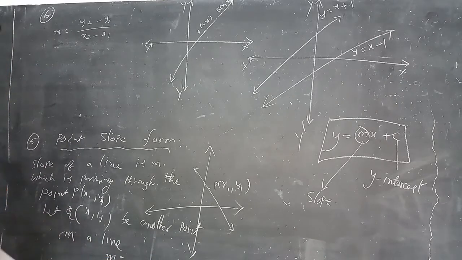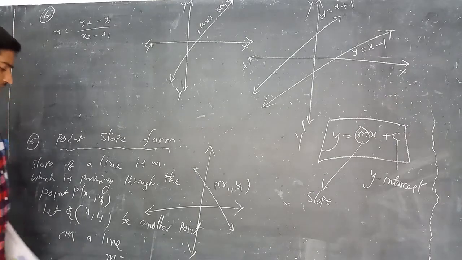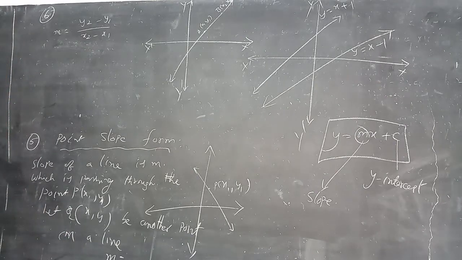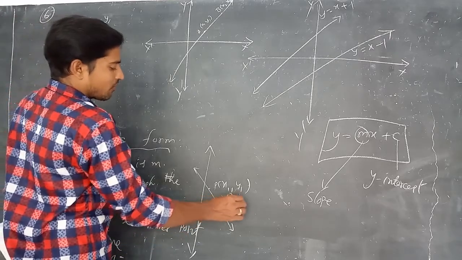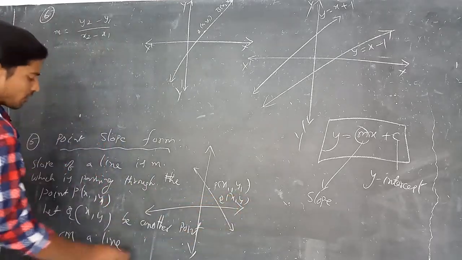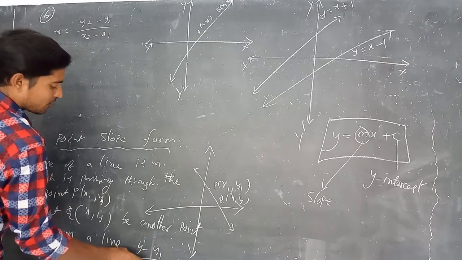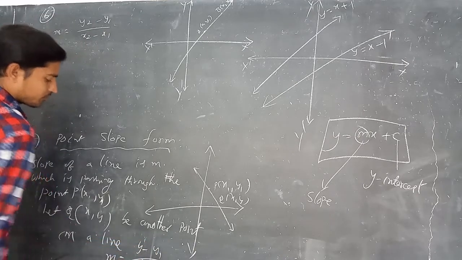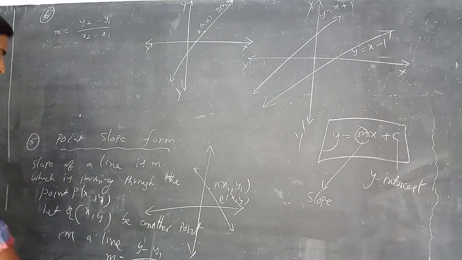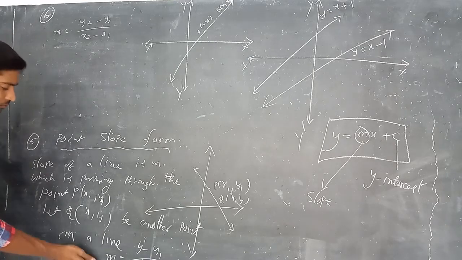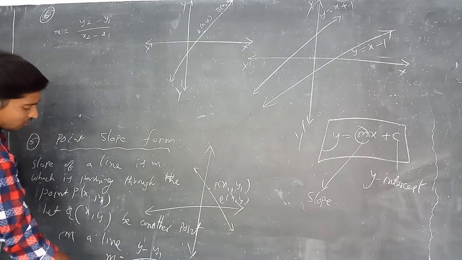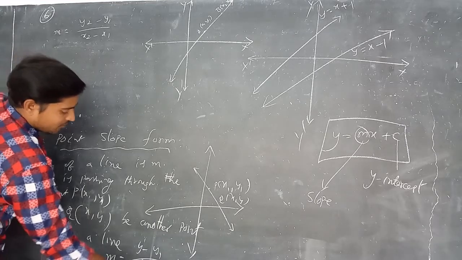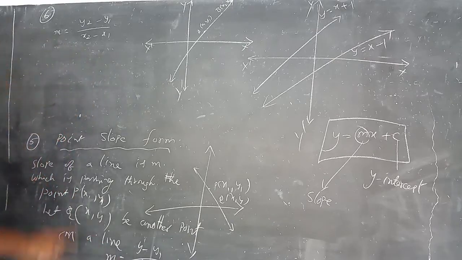That is the difference between y coordinates by the difference between x coordinates. Taking Q equal to (x, y), m = (y minus y1) by (x minus x1). Take the cross multiplication. Therefore y minus y1 is equal to m into (x minus x1).